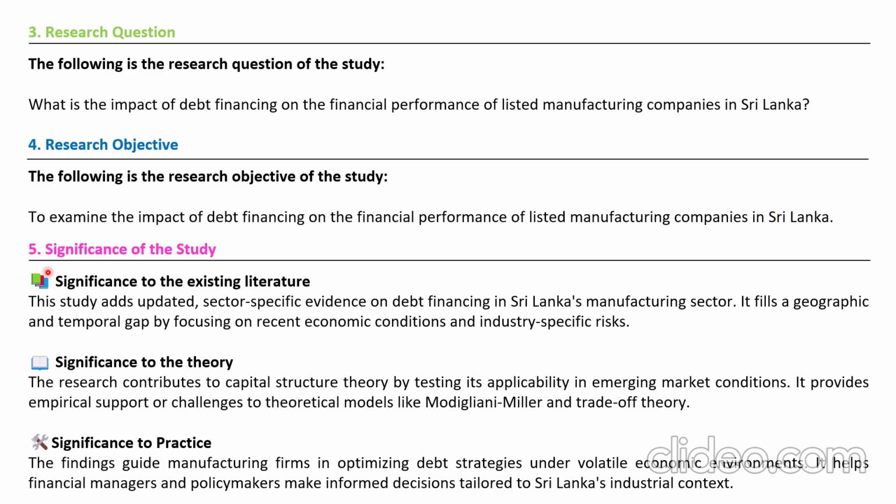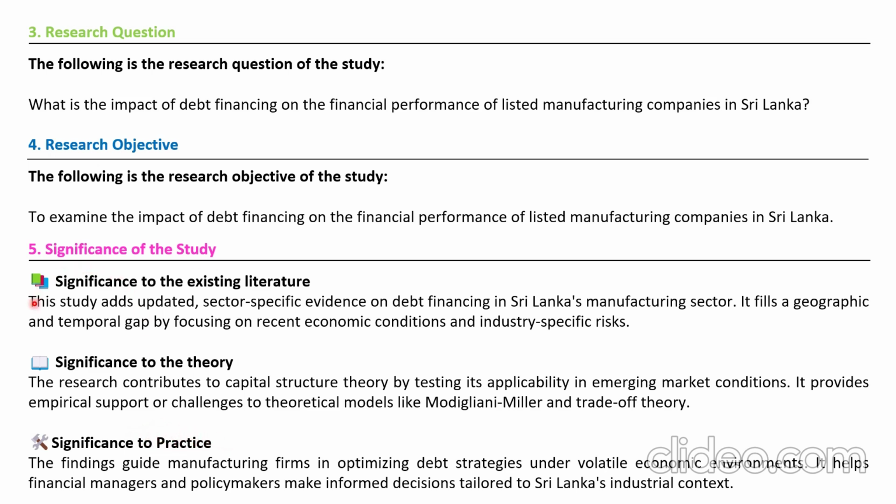So number 5, we need to look at the significance of the study, how we are going to contribute your outcome. It should be to the existing literature, it should be to the theories related with the study, and also it should be the practical significance.